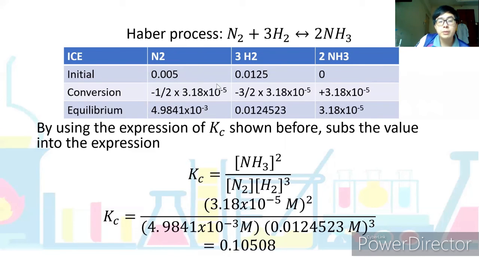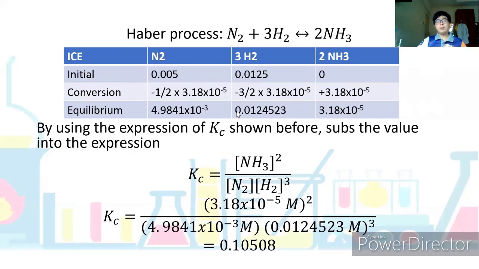Okay, so from here, 1 over 2 times 3.18 times 10 to the power -5. We get 4.9841 times 10 to the power -3. This is the same for the hydrogen gas, but in this case, it's 3 to 2. So we need to multiply our 3.18 times 10 to the power -5 by 3 over 2. And this is the answer we get.